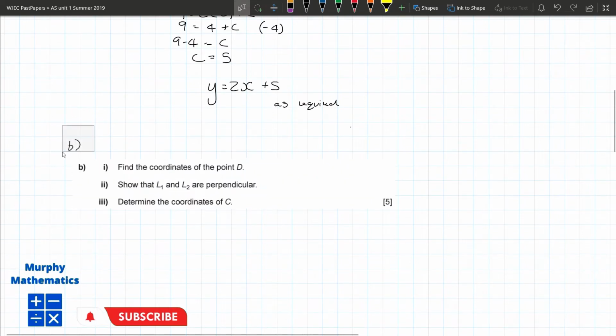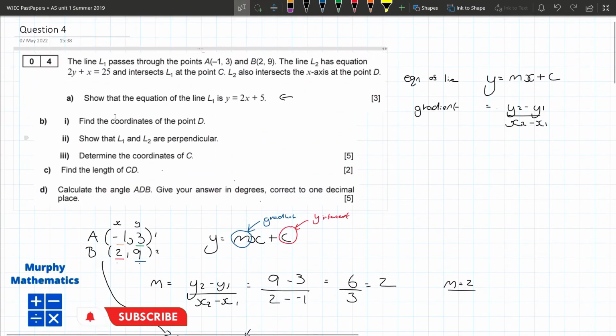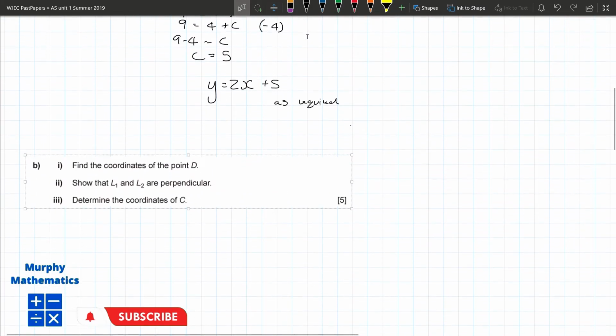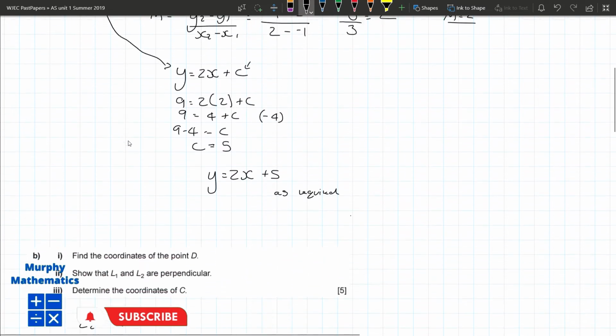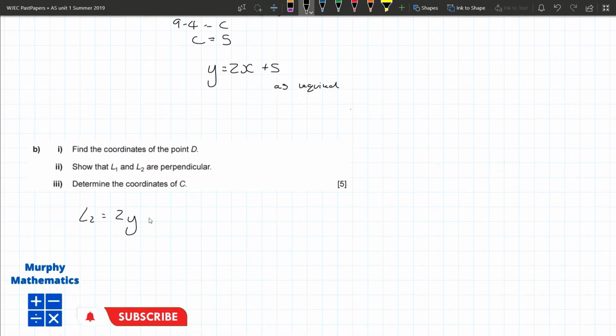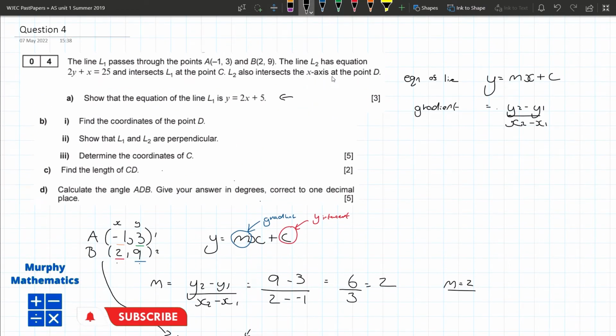So L2 equals 2y + x = 25. And we're told that point D is when L2 intersects the x-axis.